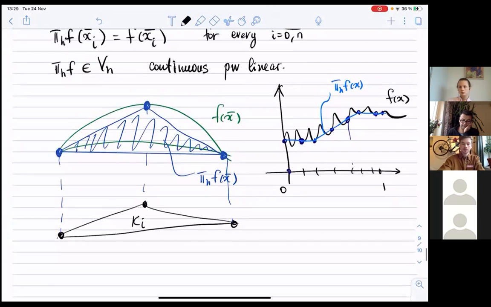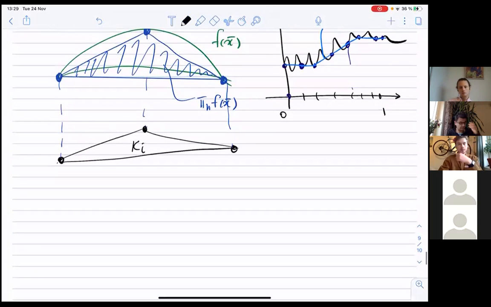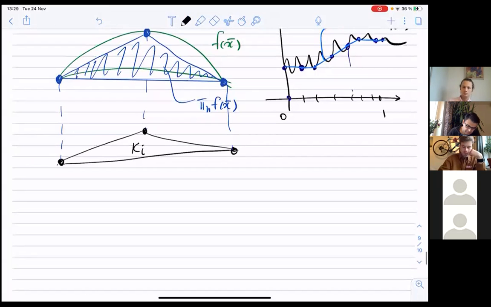All right. Then when we have interpolation, the error estimate that we proved for the 1D case also applies here. I just want to remind you without proving.